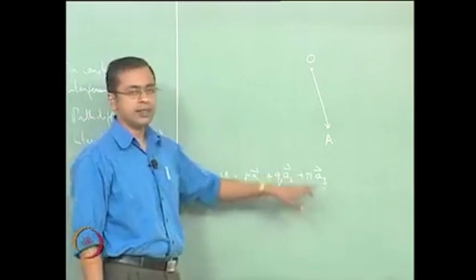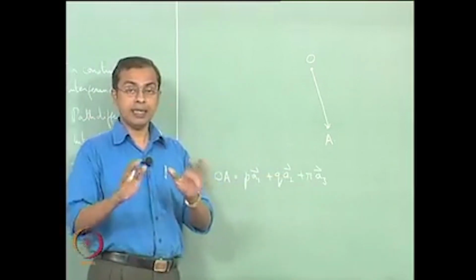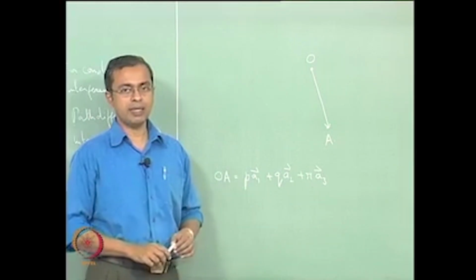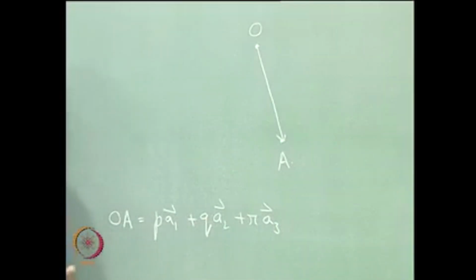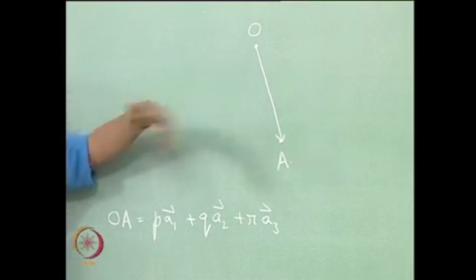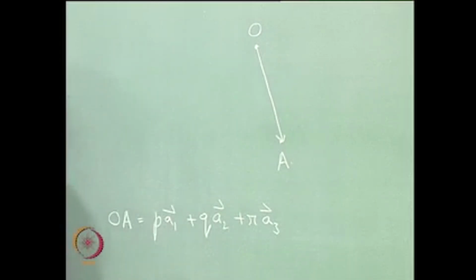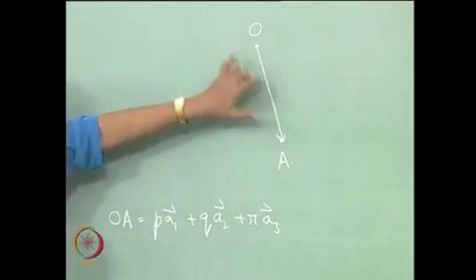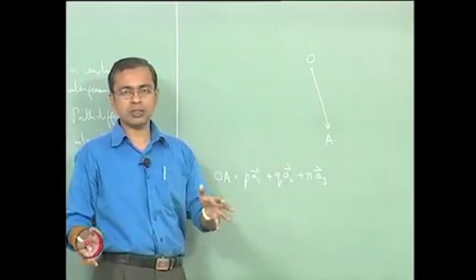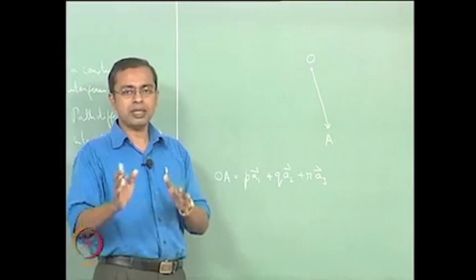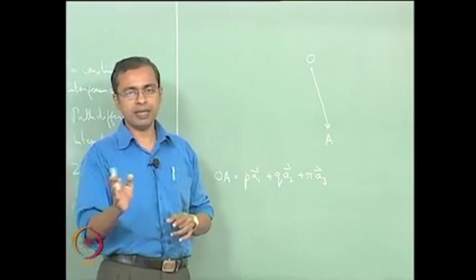where A1, A2 and A3 are the unit vectors in real space. P, Q and R are integers, and the reason they are integers is because that is the way we are defining the crystal structure. We define it so that when you have atomic spacings, you reach those lattice points based on integral multiples of A1, A2 and A3.